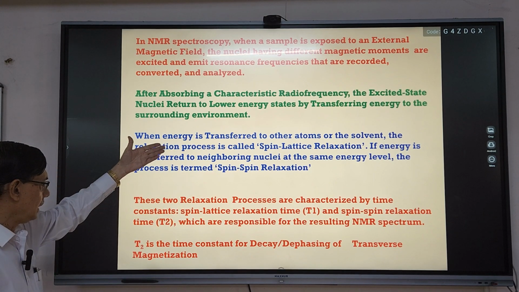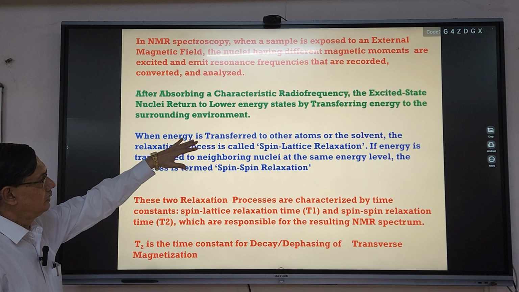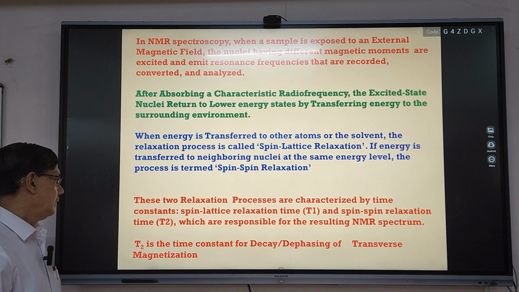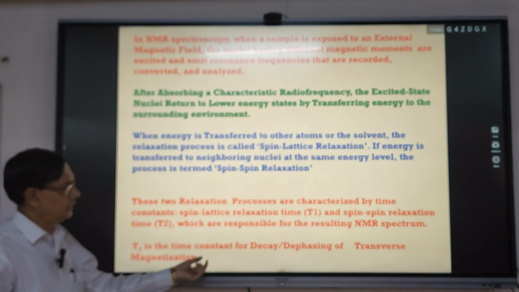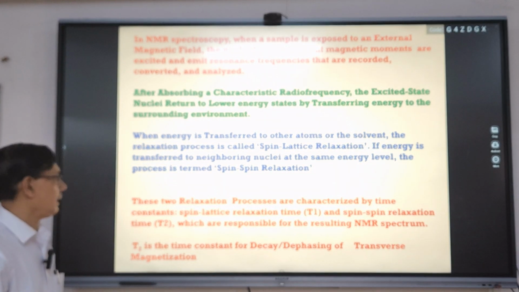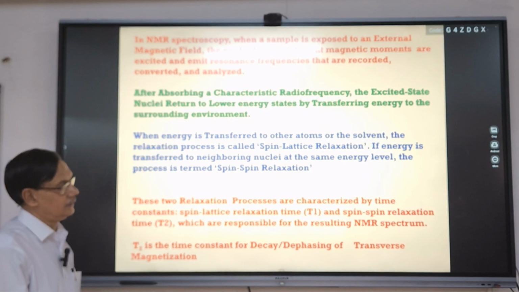And that particular decay, that means from higher energy level to lower energy level, is the time constant for decay or dephasing of the transverse magnetization. And that can be monitored.